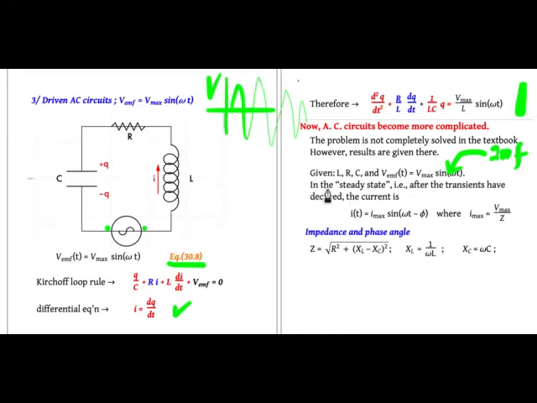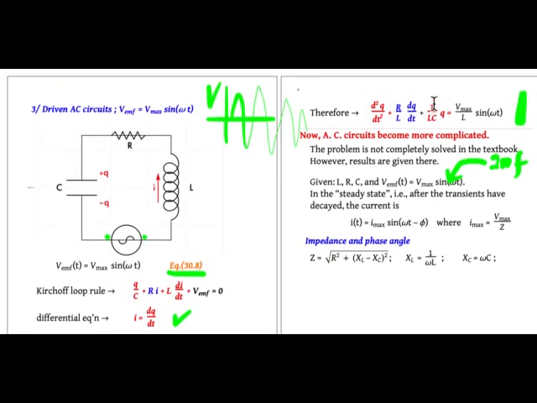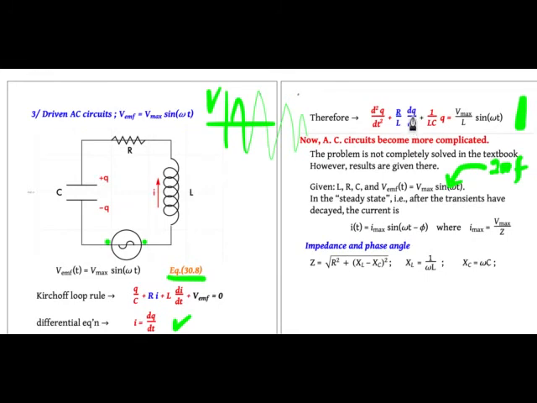Now, what we're mainly interested in is the steady state. The steady state is the solution to this equation where all the exponential terms have decreased to zero. So after the transients have decayed, the current will just be an alternating current with the driving frequency. By the way, the driving frequency is not necessarily equal to the natural frequency of the LC circuit.